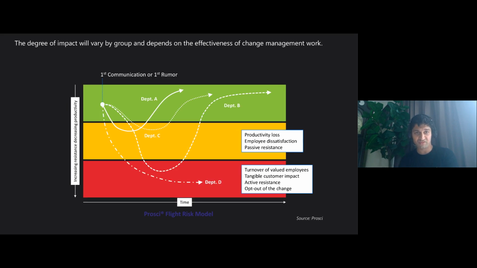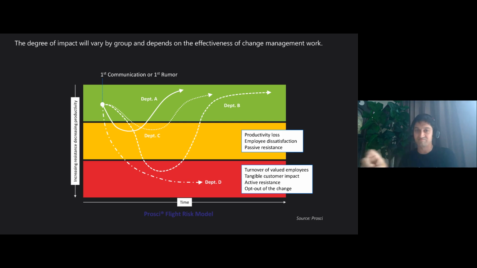That's not uncommon at all. The challenge often is where you have different teams, different departments reacting to this very differently. You could have a department A which gets back on track really quickly, but you could have a department D where maybe you didn't manage the change well, or maybe you have unique employees or unique leaders in that department, and that leads to the bottom, the red zone.